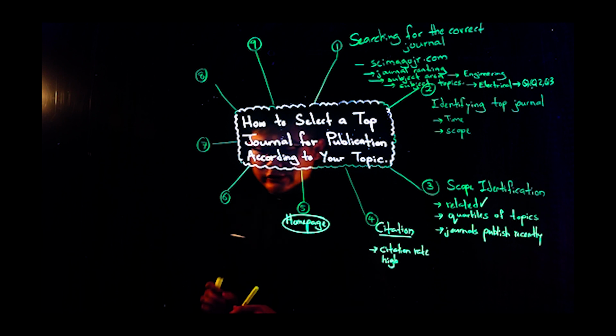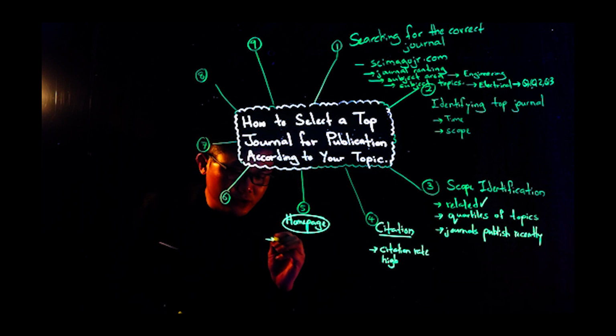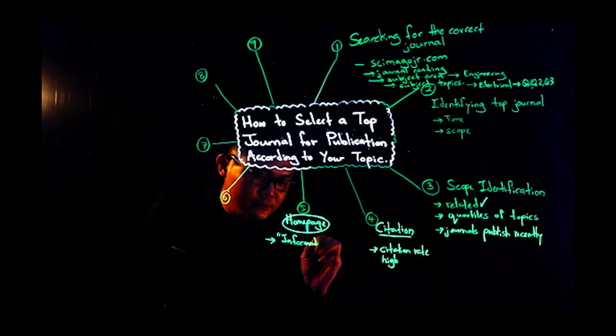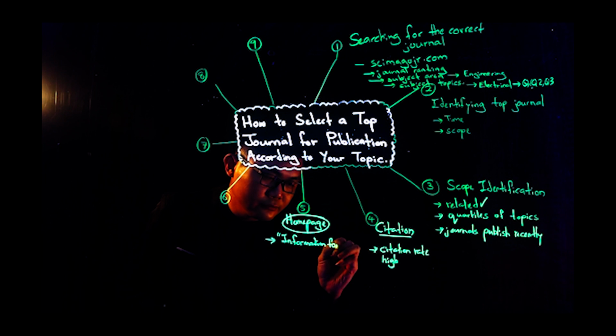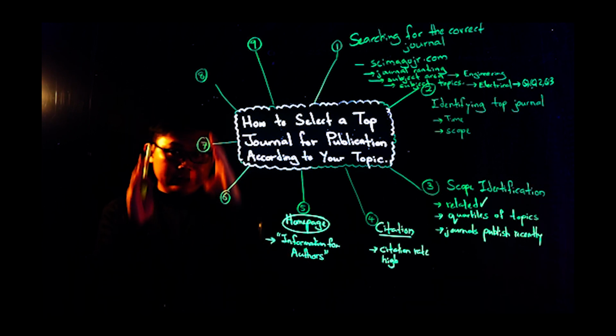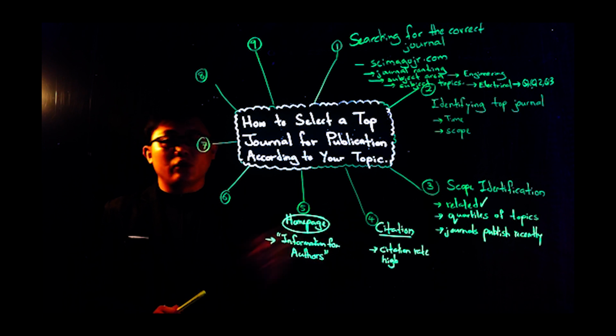So what are the keywords? Focus on information such as information for authors. Normally on the home page of a journal, they will have a section for you to click on information for authors.